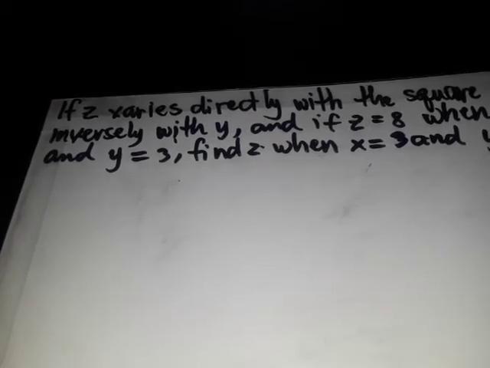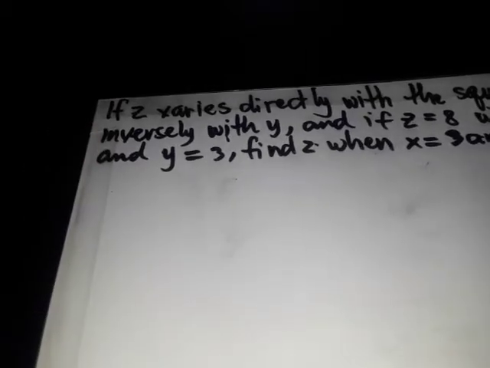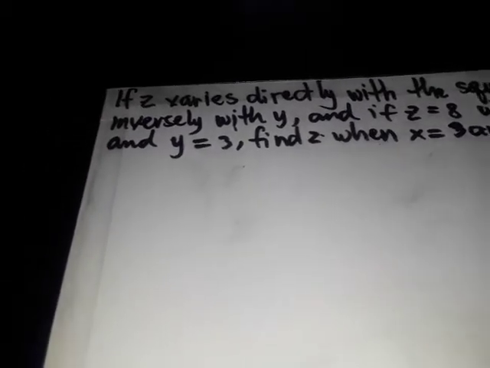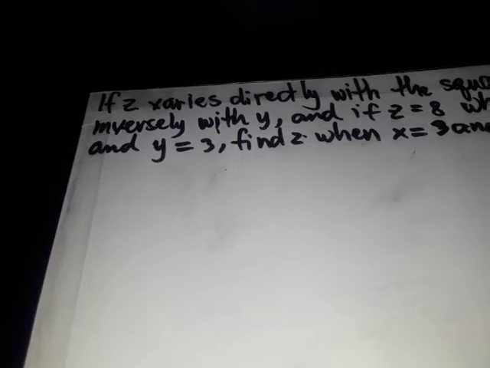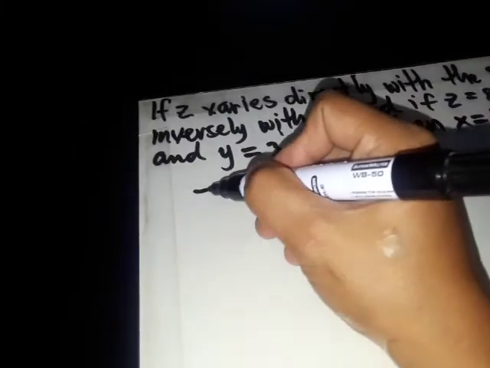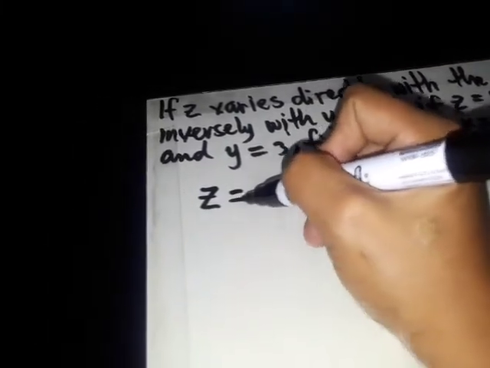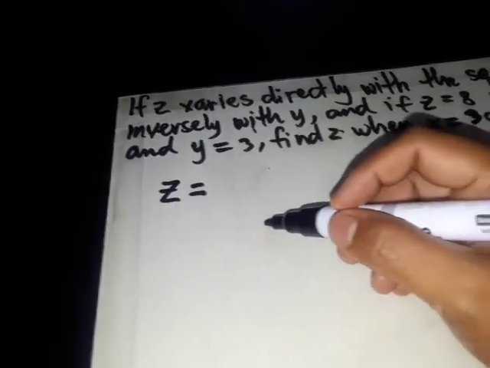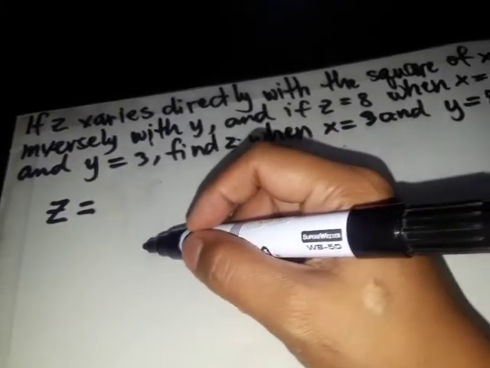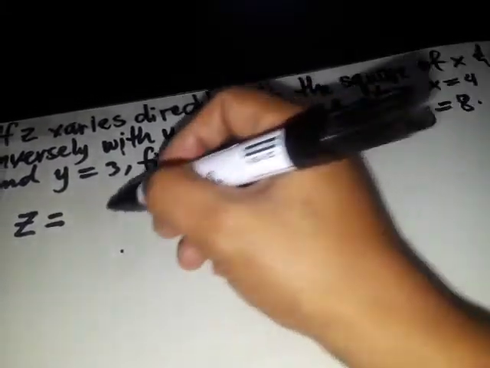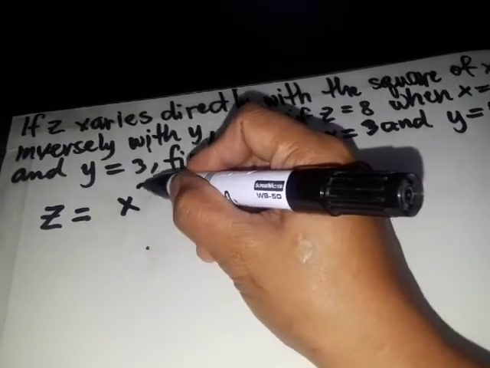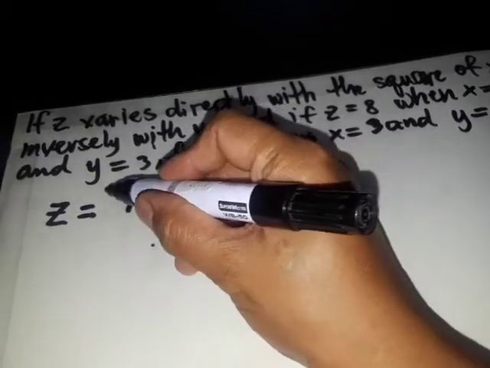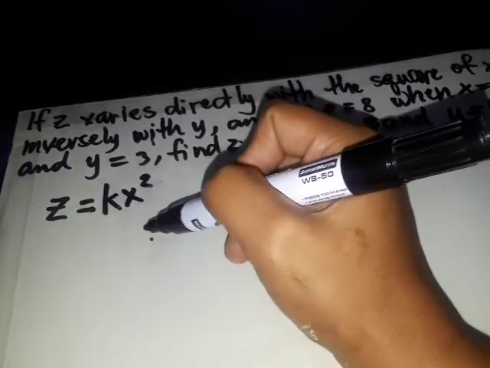So, first, of course, kailangan muna nating gumawa ng equation based sa problem. So, z varies directly with the square of x. So, square of x, of course, we need the k, which is our constant.